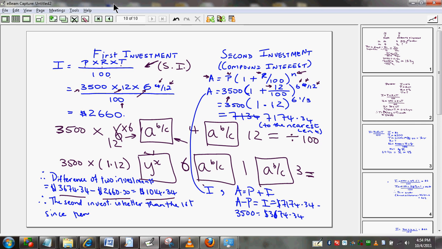Since here, the interest is how much higher? It's $1,014.34 higher. $1,014.34 more. Okay? So that's what I mean, and give reasons. So the second investment is better than the first, since here the interest is $1,014.34 more, right, than in the first case. So this one is the better interest. It's a better investment. Right?